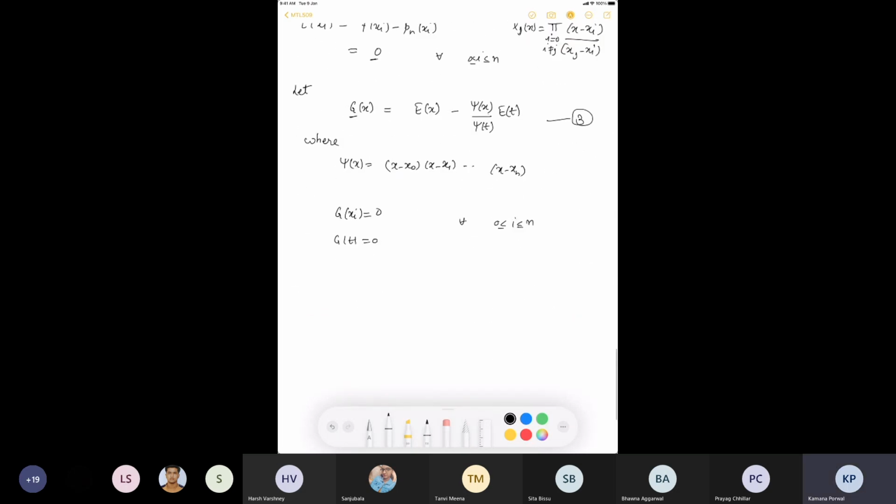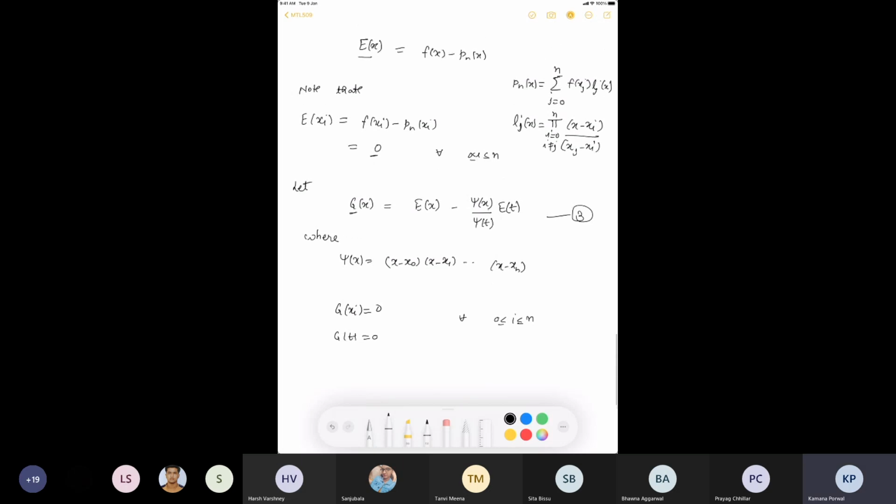So what can we say about the differentiability of the function g? First of all, if f of x is n plus 1 times continuously differentiable, e is going to be n plus 1 times continuously differentiable on the same interval, because pn is a polynomial, so it is infinitely differentiable.